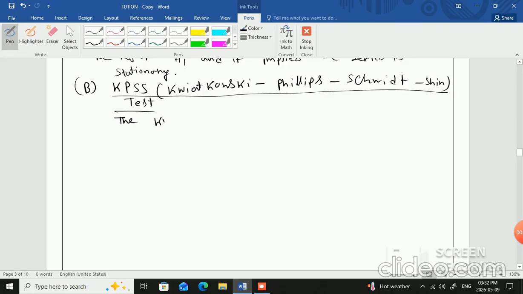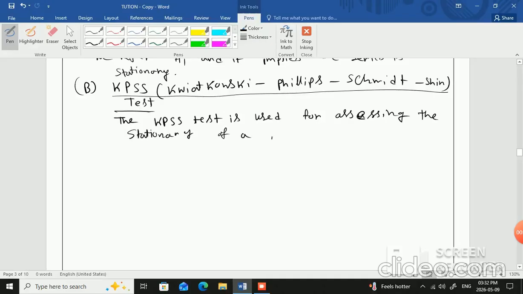The KPSS test is used for assessing the stationarity of a time series.